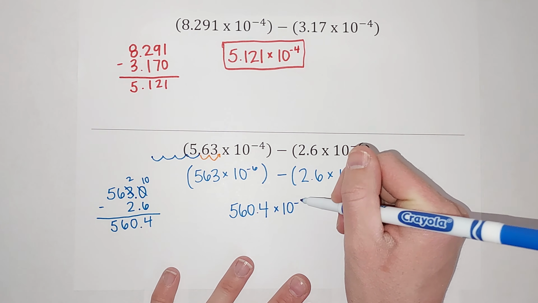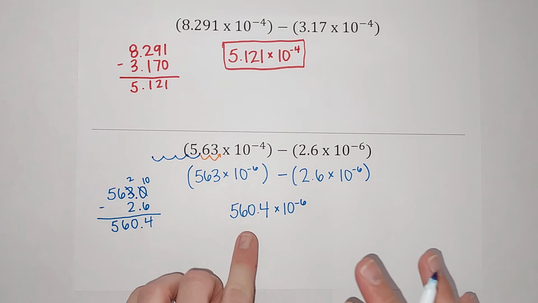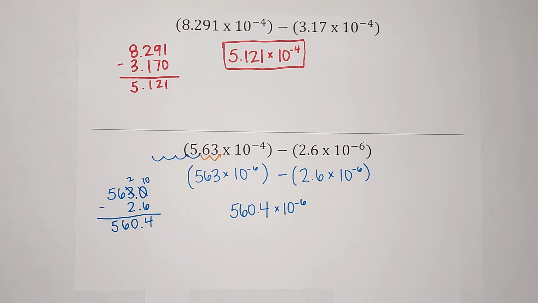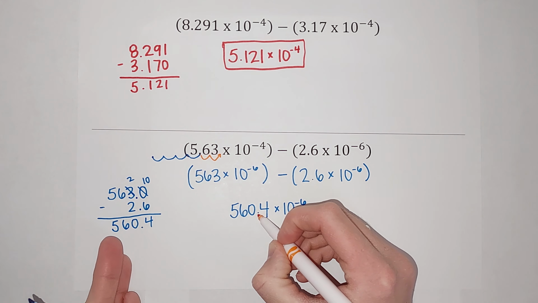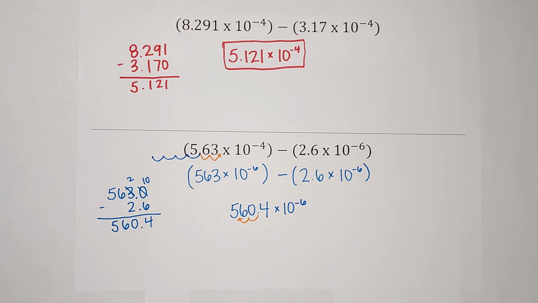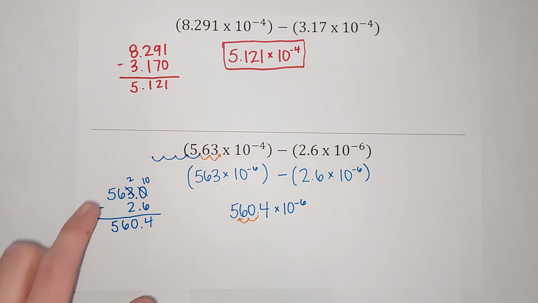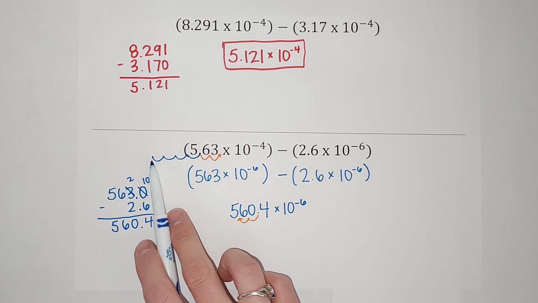Now you might be tempted to say, sweet, I'm done, but not quite. For something to truly be in scientific notation, we only want one number in front of the decimal, right? So we want to move this decimal back 2 places, so that just the 5 is in front of it. If I am moving back 2, I'm getting closer to that point, right?